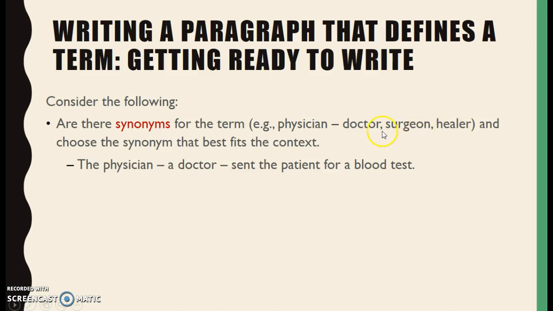Each is a little bit different. We know what a surgeon does. A healer may be more with complementary or alternative medicine. So doctor and physician would be synonymous if we're in a very traditional medical context, such as this sentence: The physician, a doctor, sent the patient for a blood test.